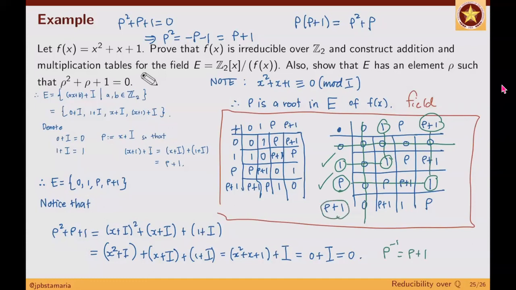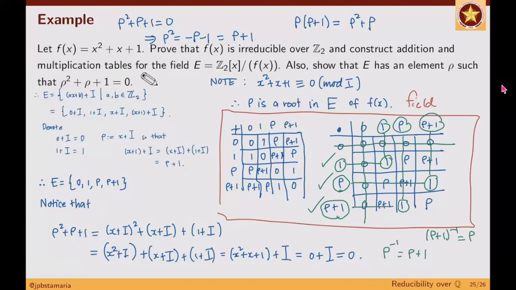And mag-follow na ngayon ng rho plus 1 inverse is also rho. Kasi dito titignan nyo. Diba? So nakita nyo, lahat ng mga non-zero elements ay may multiplicative inverse, which confirms the theorem.